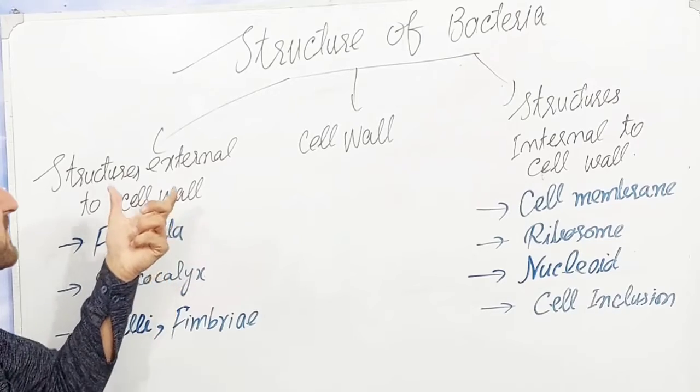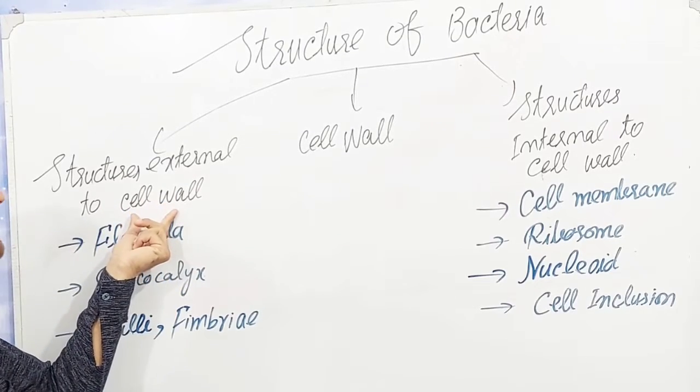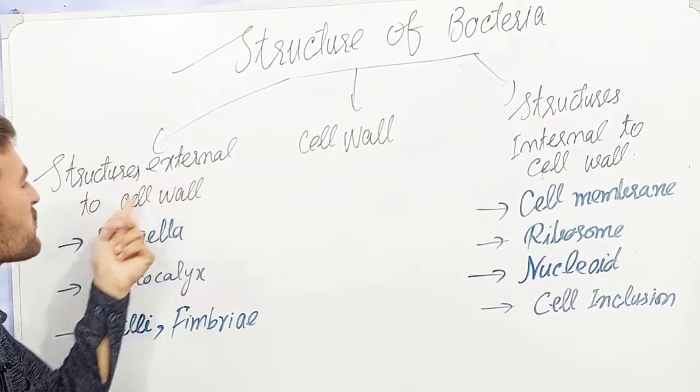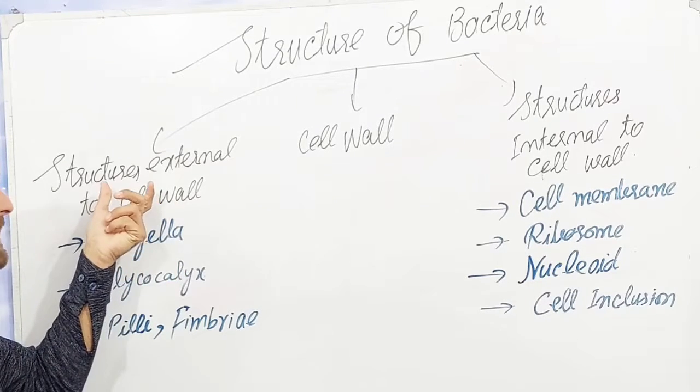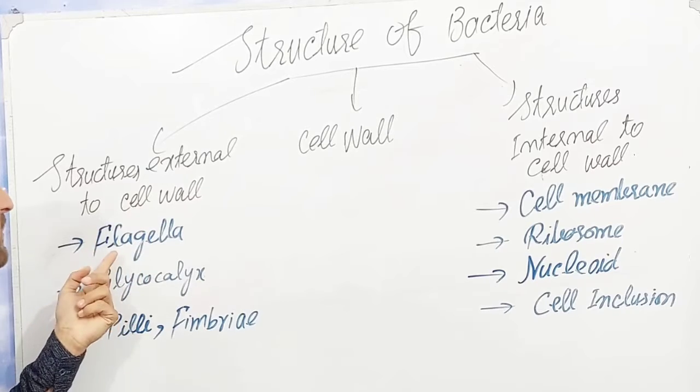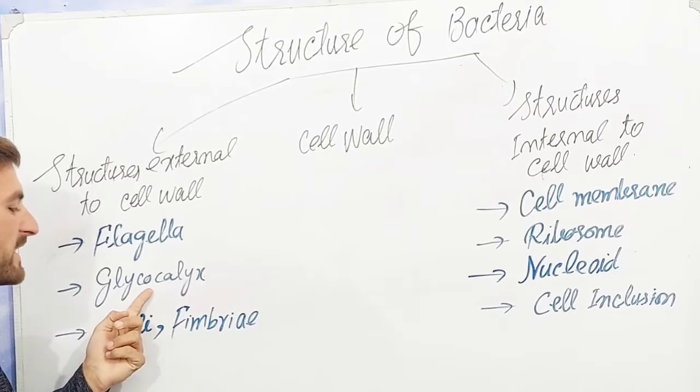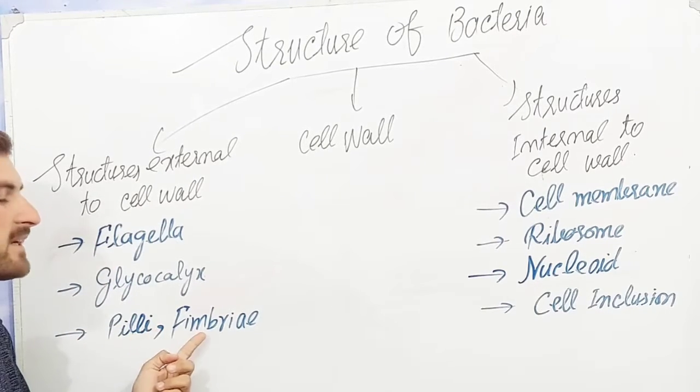We can learn this with this trick: structures external to the cell wall. In this we have flagella, glycocalyx, pili and fimbriae.